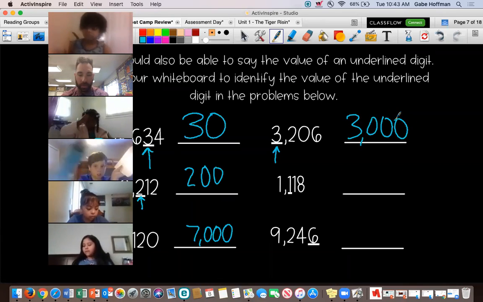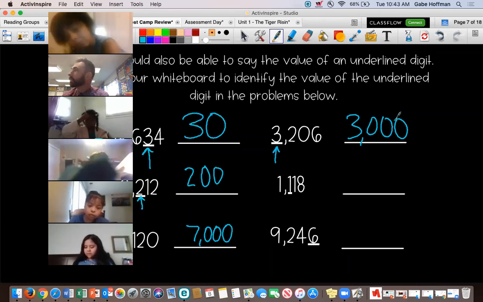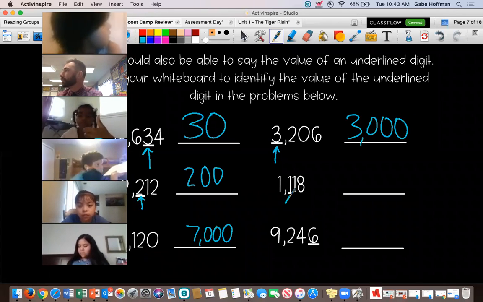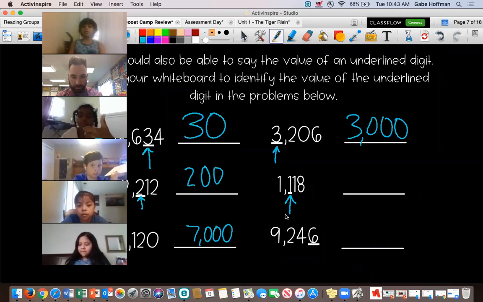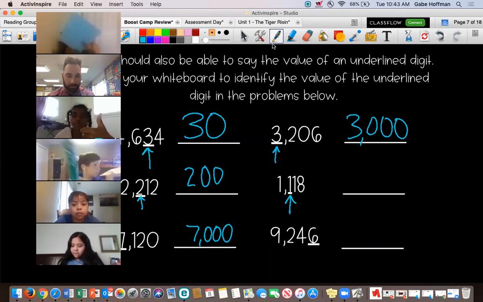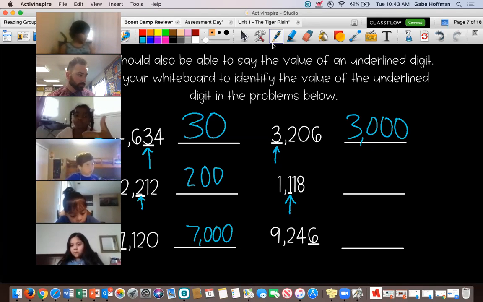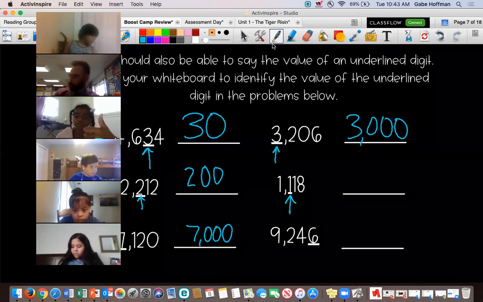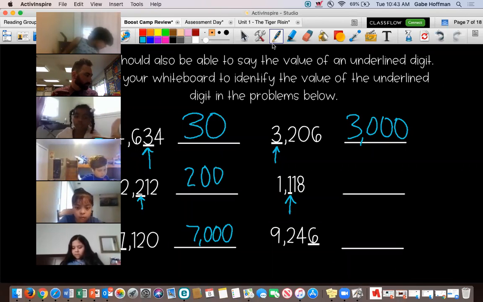Seeing a lot of great work right now, you guys. Nice job. All right, the one below it. 1,118. Write the value of the underlined digit. I'm getting 10 seconds. Should be getting quicker at this now that we're practicing more. Denise is ready.